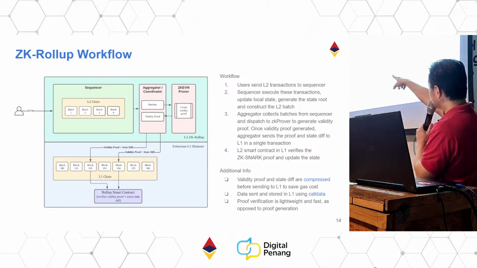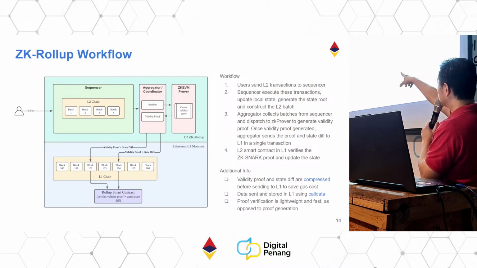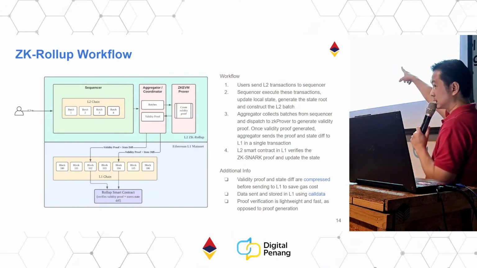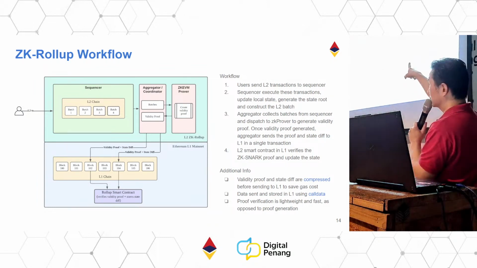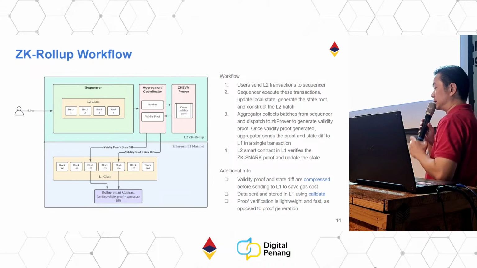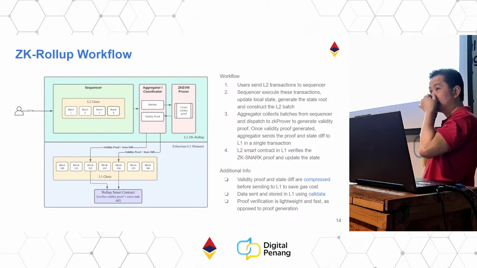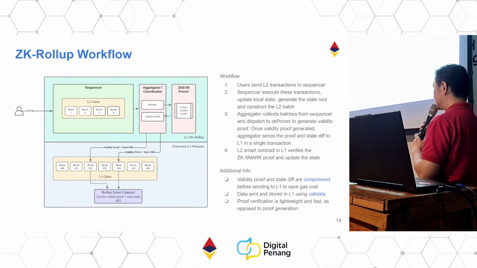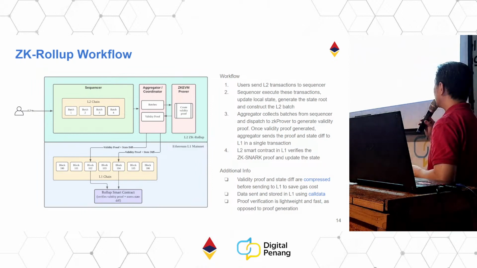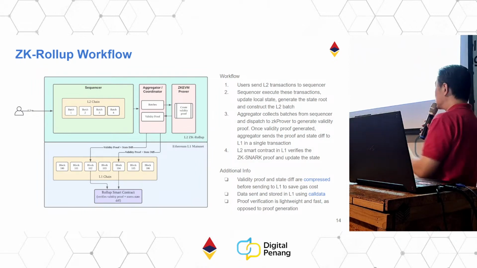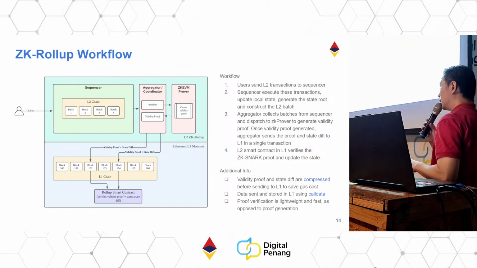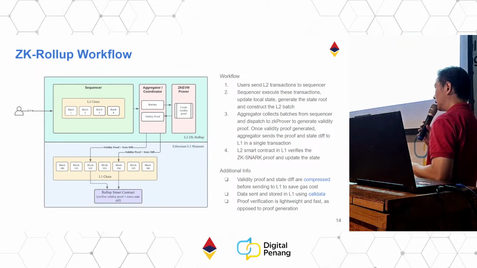The sequencer will accept transactions from users, and there will be an aggregator there to batch all the transactions and send them over to a ZK prover. The ZK prover is specialized in the zero knowledge algorithm.